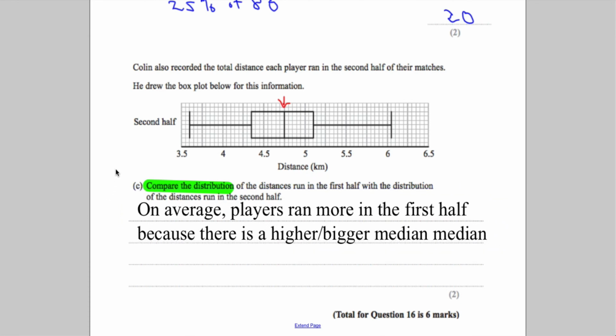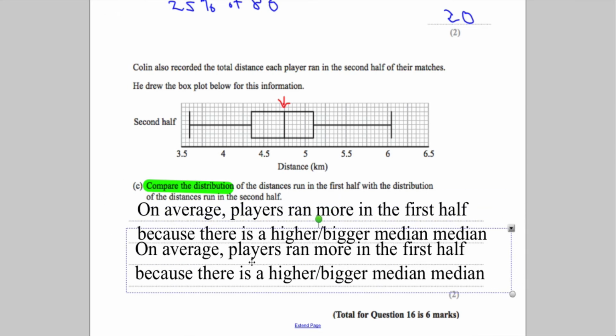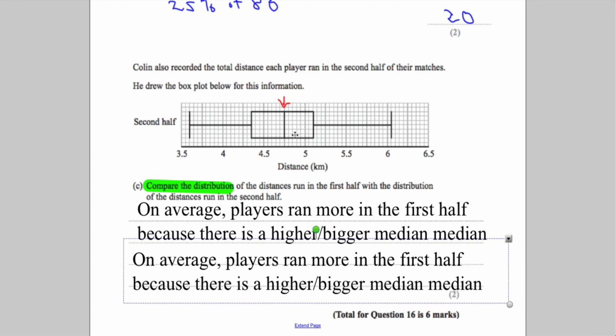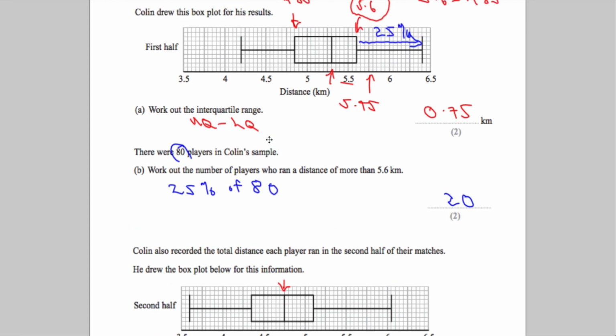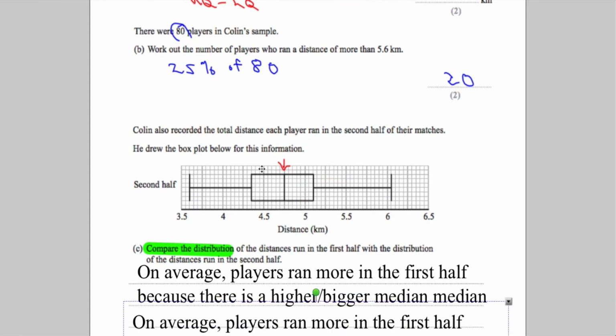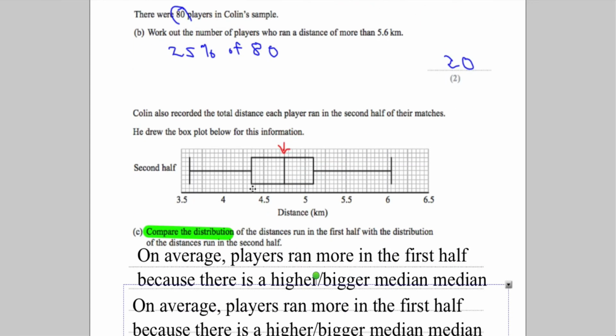Okay, the second comparison I'm going to make is we're going to compare a measure of spread. The measure of spread is essentially the range or the interquartile range. Now, I like to talk about the interquartile range more because it's more accurate. Let's have a look. The interquartile range here for the second group is, that's 5 there.